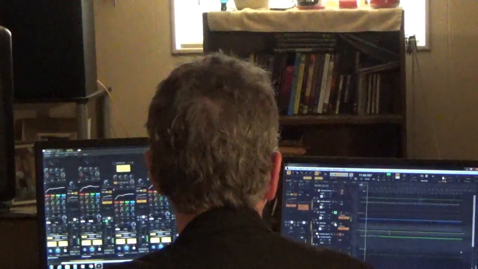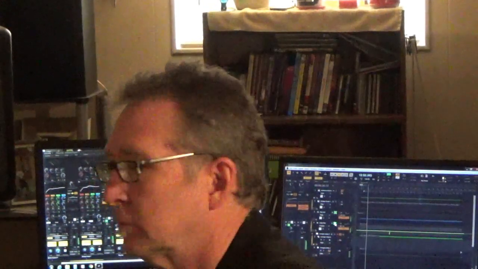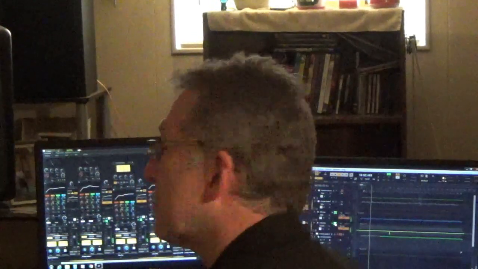The two parts together, and then with the rest of the tracks.